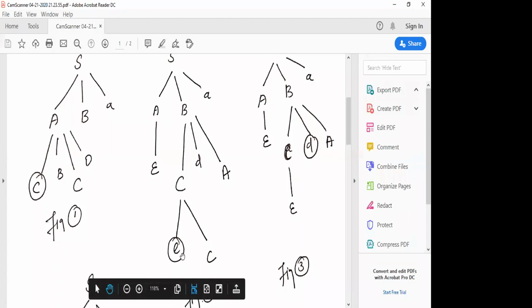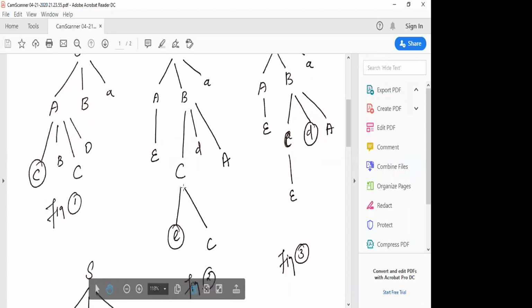So what is the alternative for C here? I think we discussed now, right? EC. So E also belongs to the first set of S. Okay. Now the same C is replaced by epsilon. If it is replaced by epsilon, look into figure 3 now. If it is replaced by epsilon, what happens now?